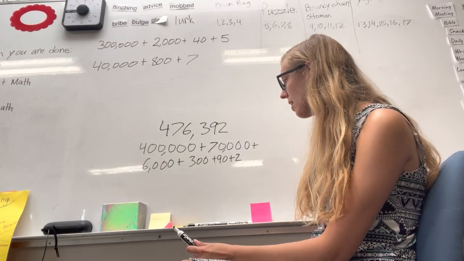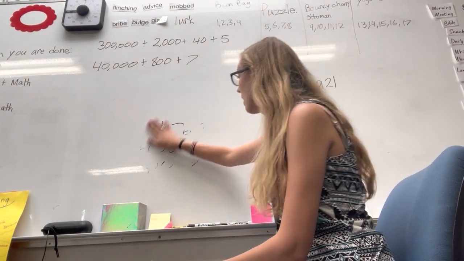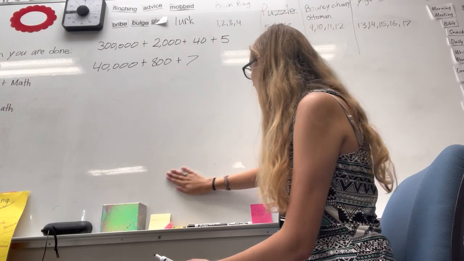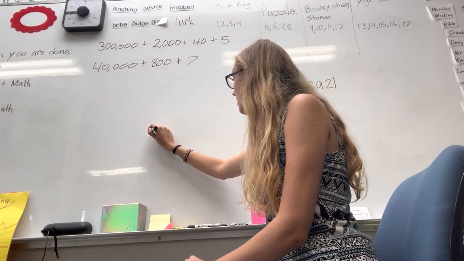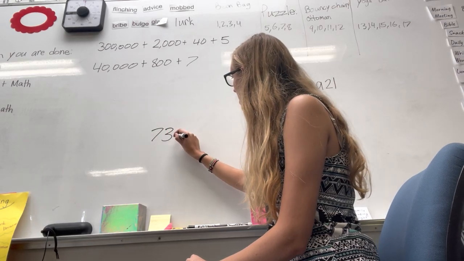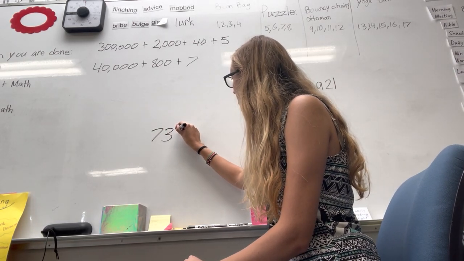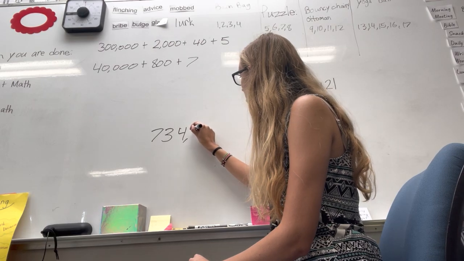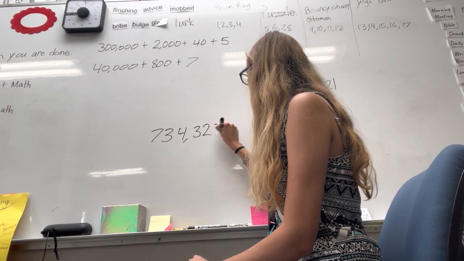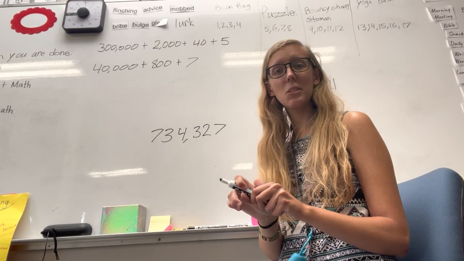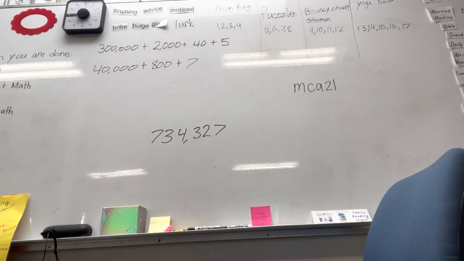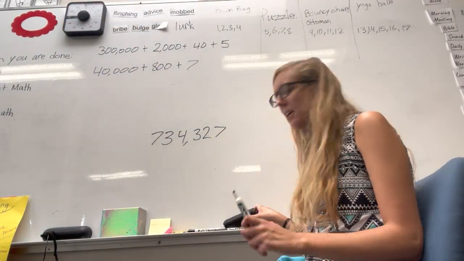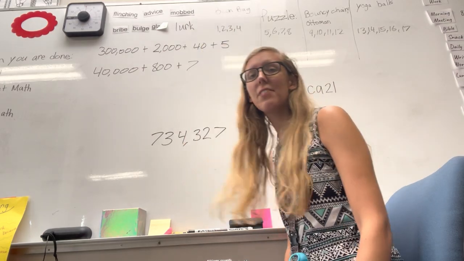All right, so now I want you to try it. I'm gonna put a number up here and I want you to try writing it in expanded form. Let's try this one. 734,327. Try writing that in expanded form. All right, if you need more time, go ahead and pause it and finish writing that.